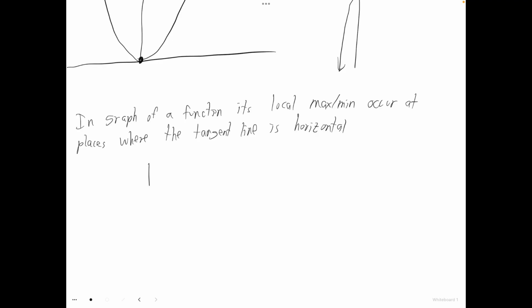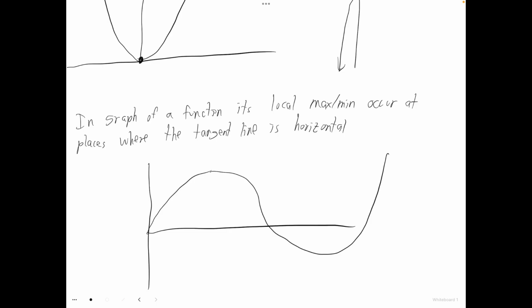You may or may not have noticed it, but when we draw these graphs, the tangent line is going to be horizontal at these places where we have local minimums and maximums. And this is in fact always the case.